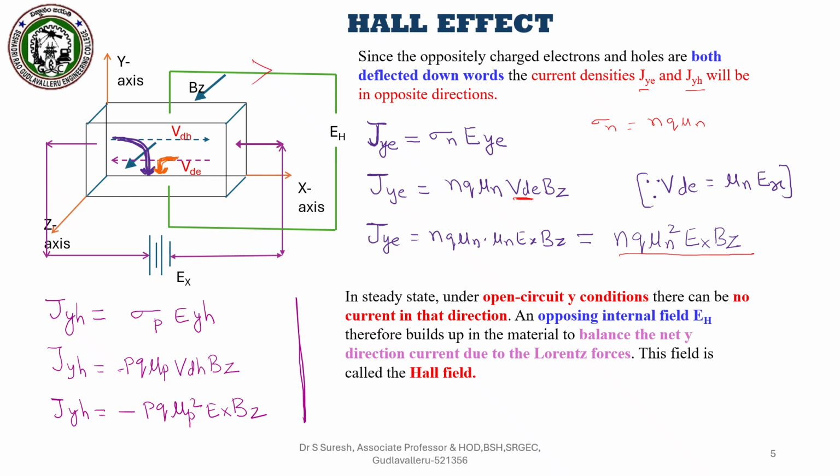So to avoid this unwanted current, the semiconductor sample internally develops an opposing internal field, that opposing internal field we will call as Hall field EH, and this Hall field is going to balance this JY and JYH. That means the net y direction currents will be compensated by or opposed by the Hall field, and this internally developed field we are going to call as Hall field.